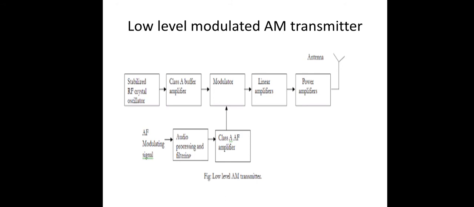The overall efficiency of these circuits is much lower as compared to high level modulation. This is the main use of the lowest efficient linear amplifiers. This is the working of the low level modulated AM transmitter.